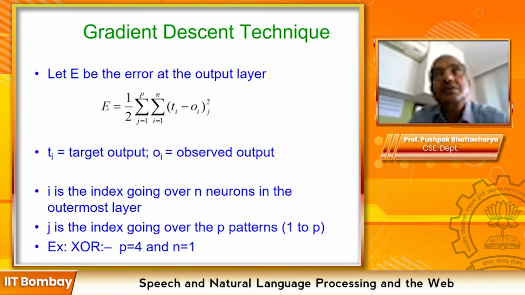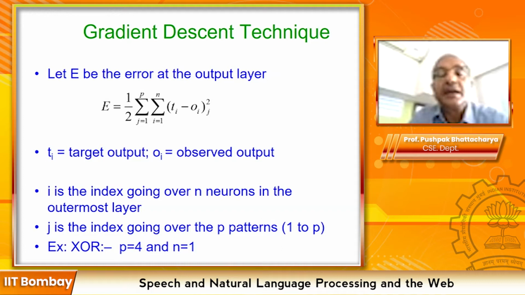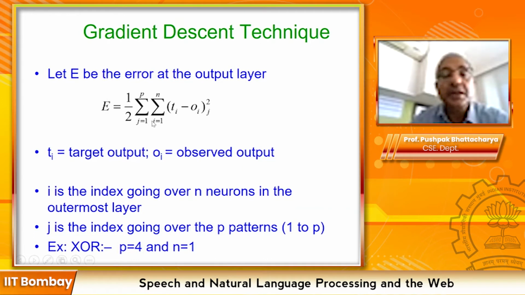So we actually had lambda values, which are feature weights, and the lambda values were changed by gradient descent or ascent algorithm. Okay, so the same idea here. We first decide on the error function at the outermost layer. So E is given as half into sum over j equal to 1 to p, i equal to 1 to n, (t_i minus y_i) square.